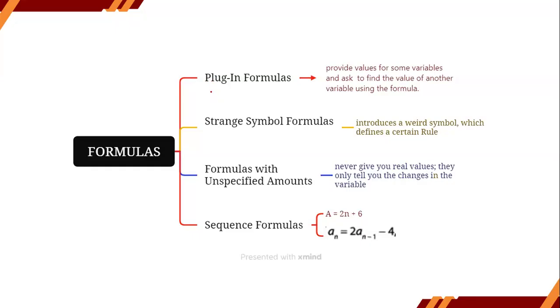Plug-in formulas. Now, what are plug-in formulas? Here you find a formula. They will give you the values of the variables and ask you the value of the variable which is not given in the question, using the formula only, all right? Second type of formula question is the strange symbol formula. In these questions, you find a weird symbol, and the point here is that the weird symbol is irrelevant.